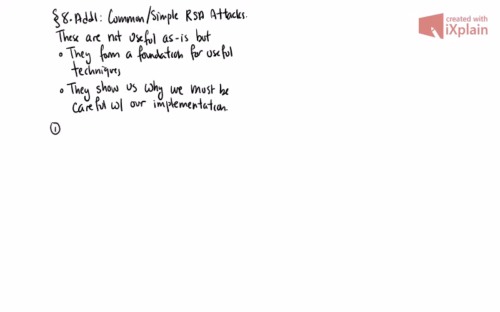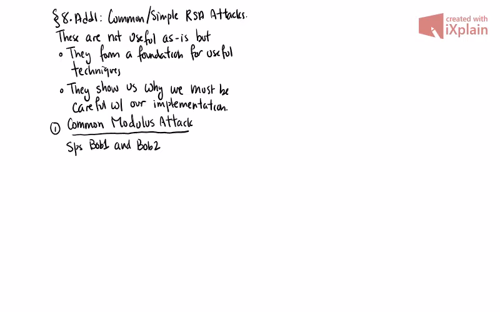So the first one I want to look at is what's called the common modulus attack. There are actually several common modulus attacks, but this is sort of one of the most simple ones. So here's the supposition. Suppose there are 2 different Bobs, Bob 1 and Bob 2. And suppose they know each other.